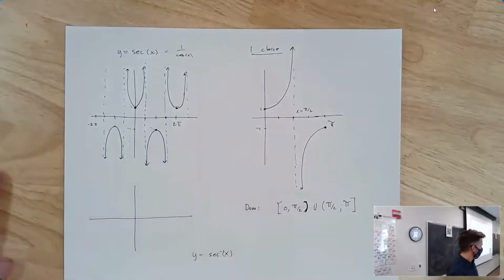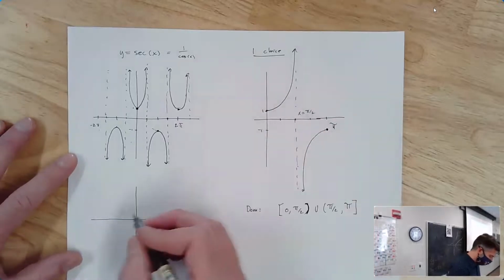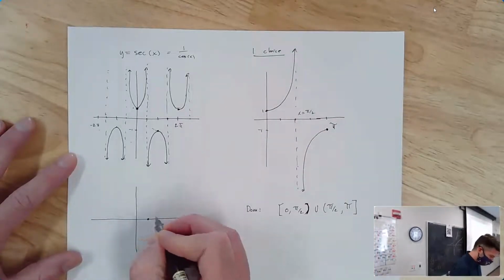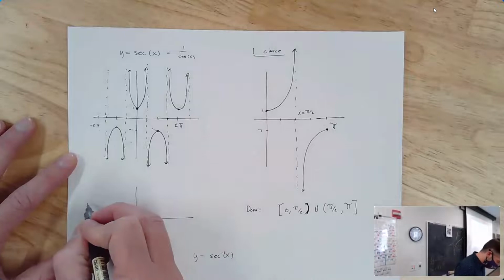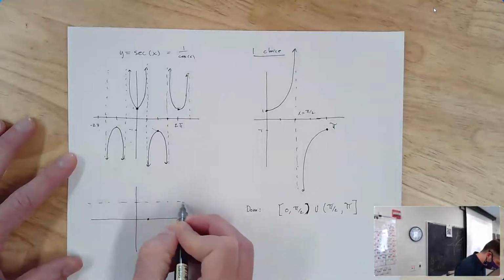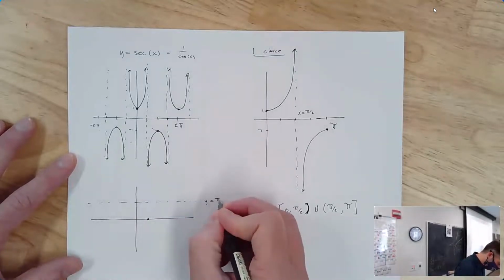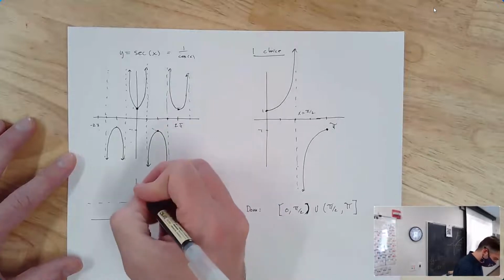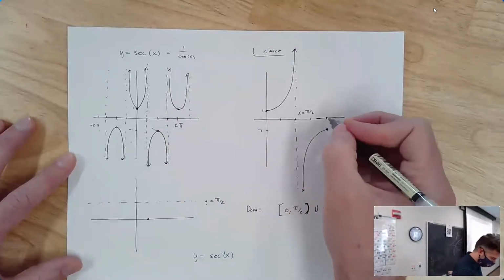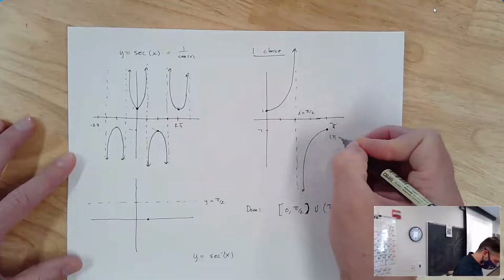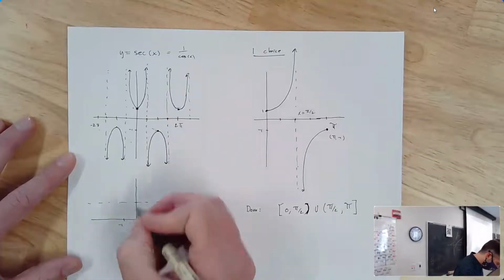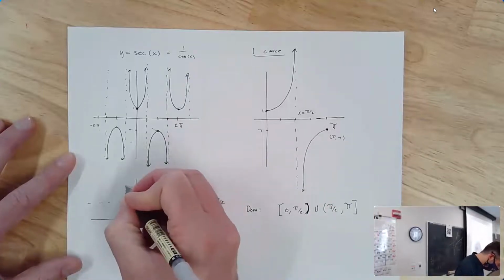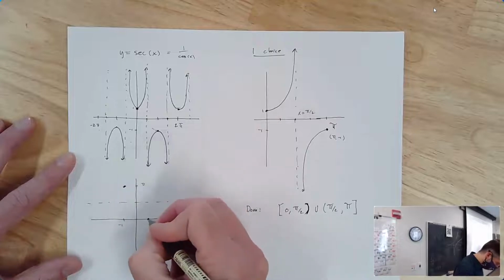Well, I'm literally just interchanging x and y. So this is 0, 1, I get 1, 0. I have a horizontal asymptote y equals pi over 2. And instead of pi, -1, I have the point -1, pi. And then it does this kind of deal.